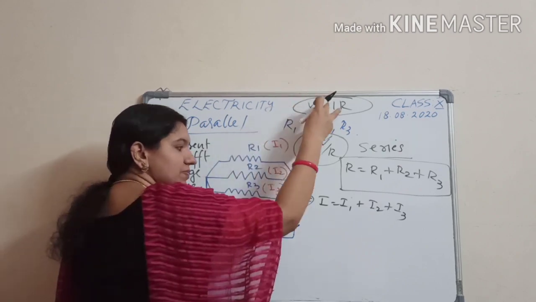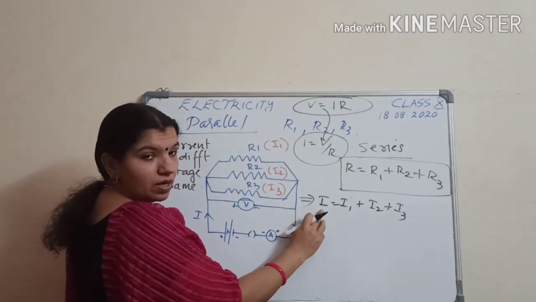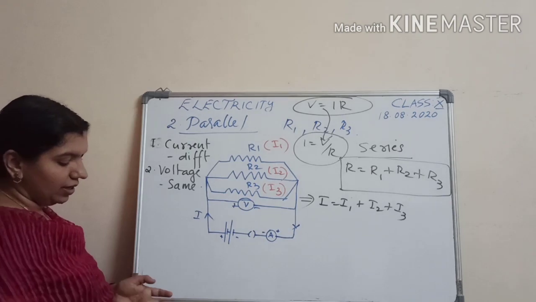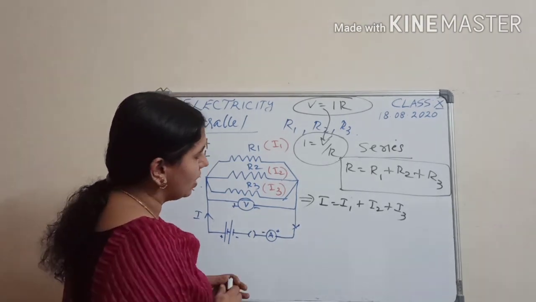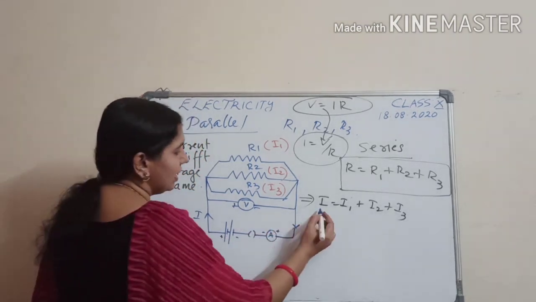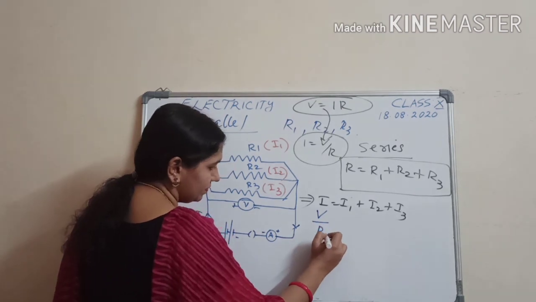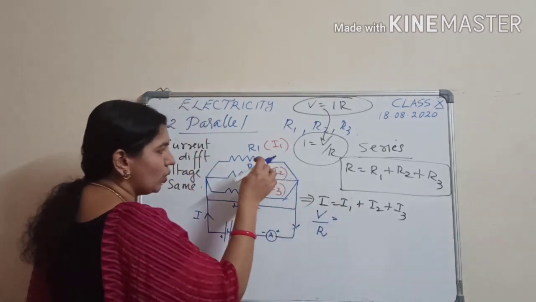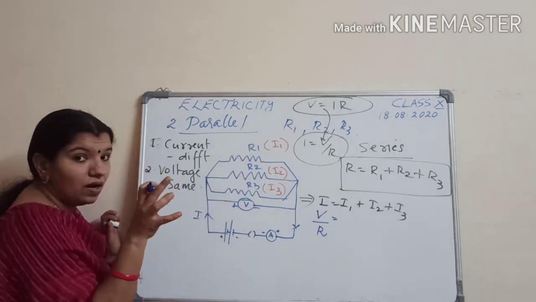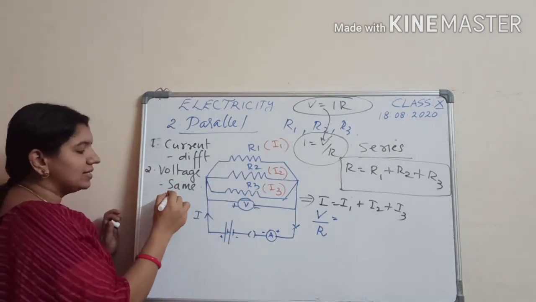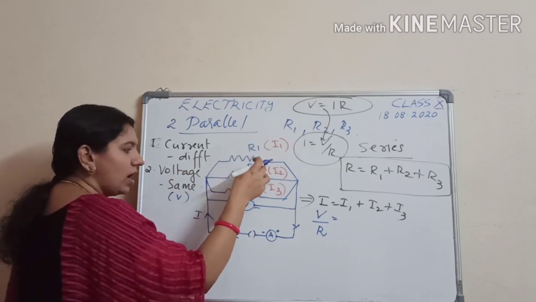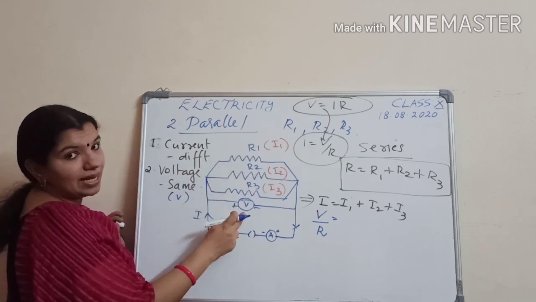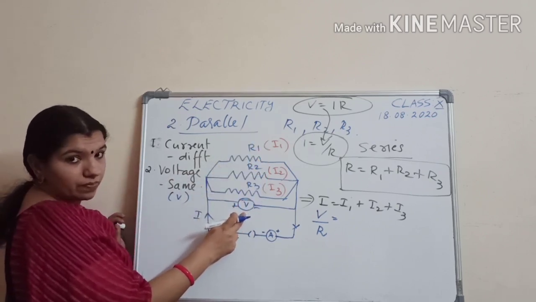Now, look here. Substituting the value for I, what is the expression? For I, you can write V by R. Which quantity is the same here? The potential or the voltage is the same. That means for R1, R2 and R3, V is the voltage. Understand?